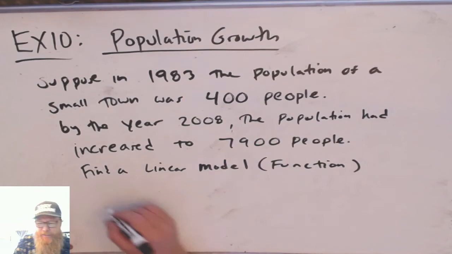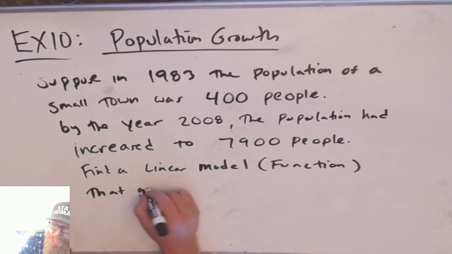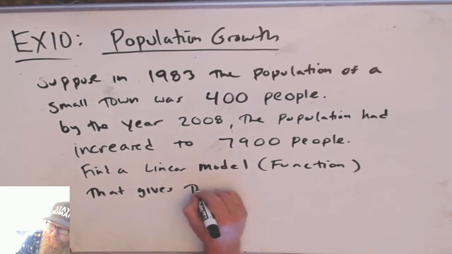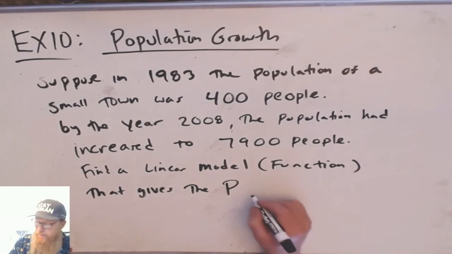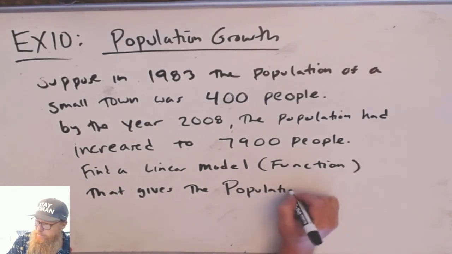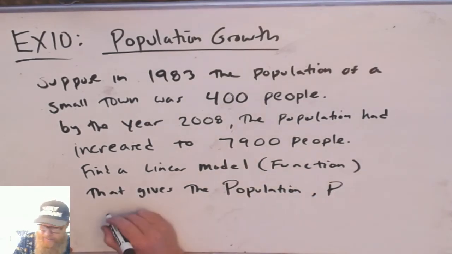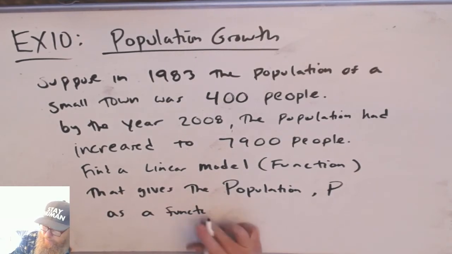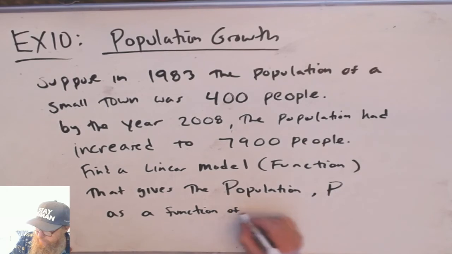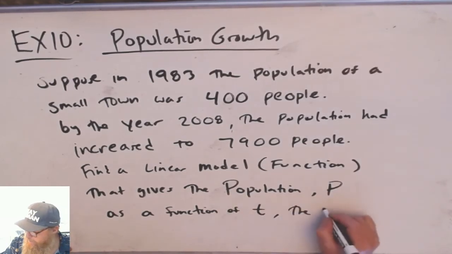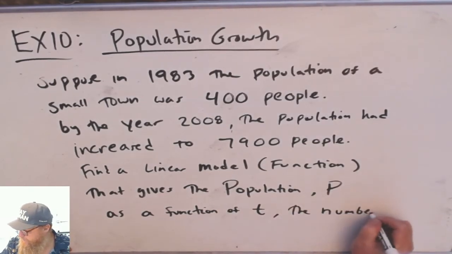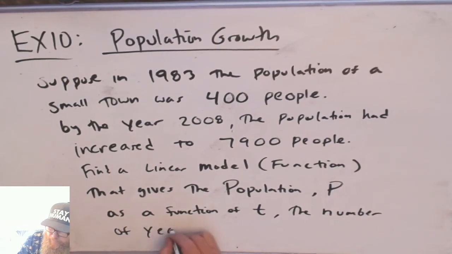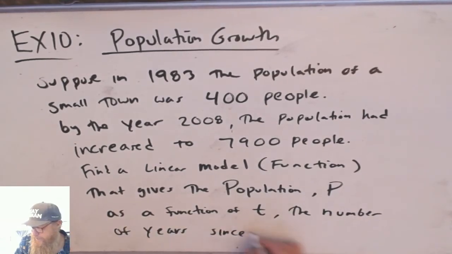So find a linear model that gives the population. Why don't we use the letter P as a function of T, the number of years since 1983.